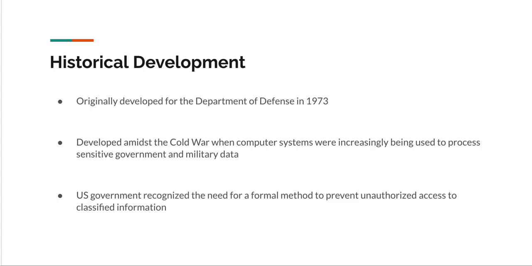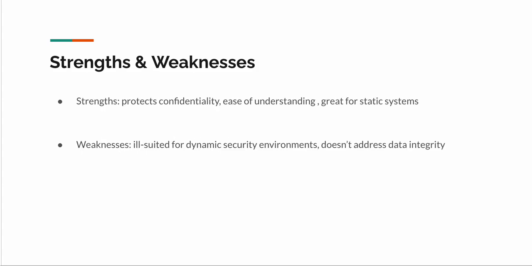And the US government recognized that we needed a formal method to prevent unauthorized access to this classified information. So this model was developed to prevent those secrets from getting into the wrong hands at a time where computer systems were increasingly being used in sensitive areas like the military and government.